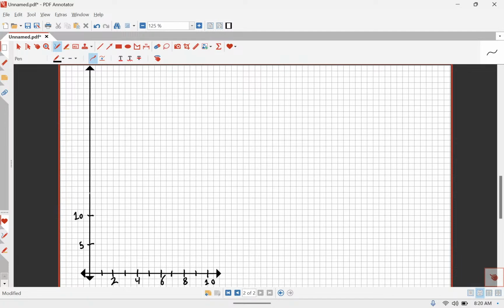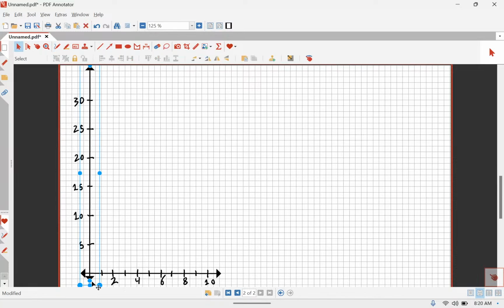X-axis is just 10. Awesome. Go ahead, guys. Make it so it's 10 to the right, 30 up.